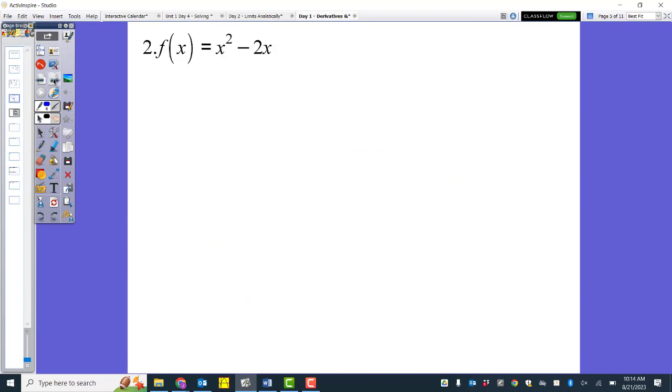All right, so let's try that on a problem. Let's try that on this one right here. Limit as delta x approaches 0 of, well, it's f of x plus delta x, so we'll plug in x plus delta x to all the x's.